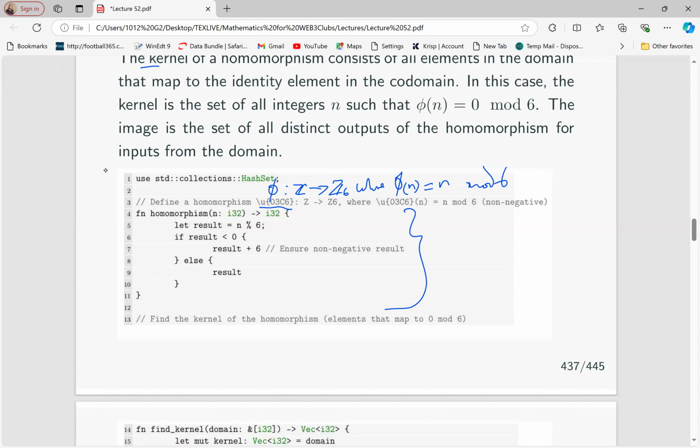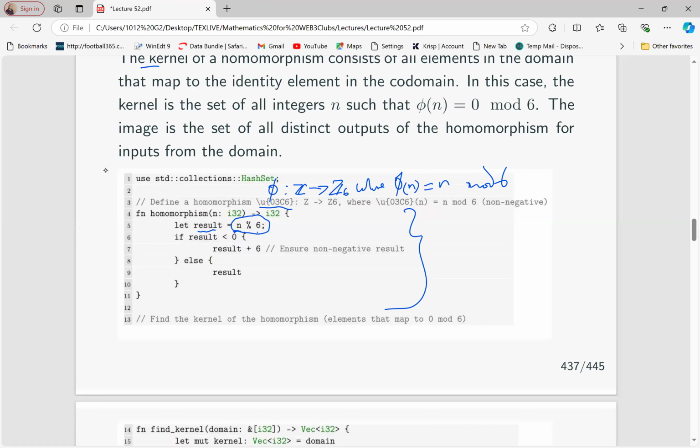So what does it say here? It says, let the result be the remainder of n on division by 6. That's what it means.